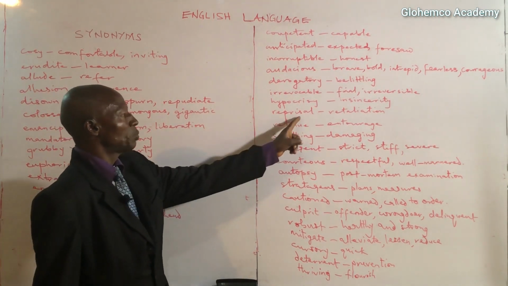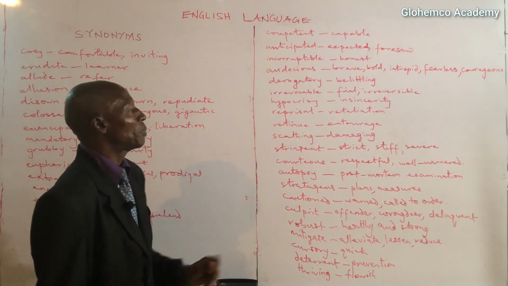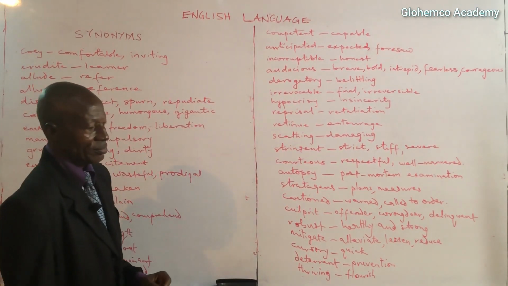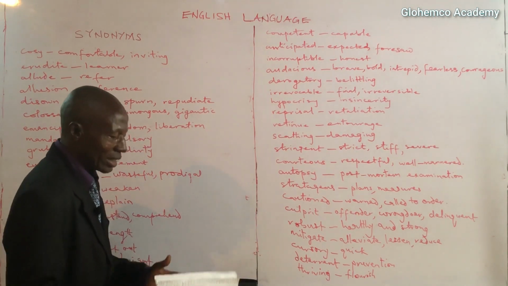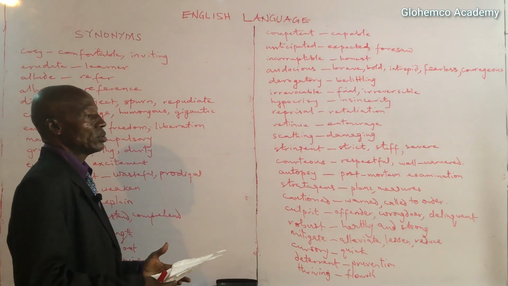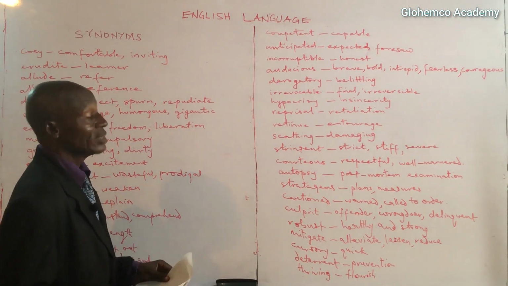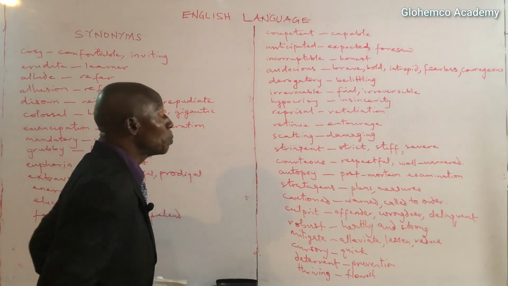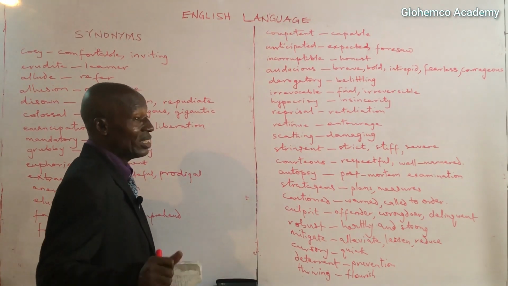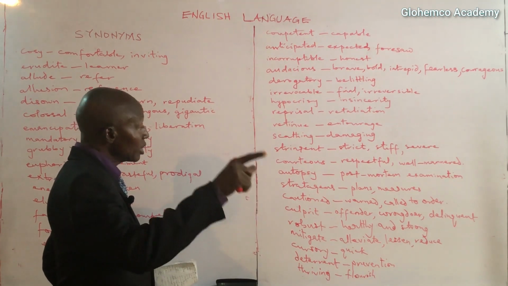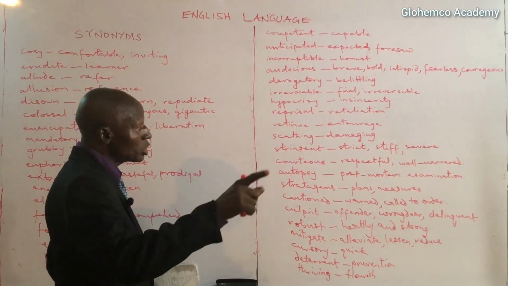Now the next one is reprisal. Reprisal is retaliation. If, for instance, a group of people attack you, and perhaps some of you were killed, you say, hey, okay, don't worry. And you prepare to face them, and you attack them when they least expect.